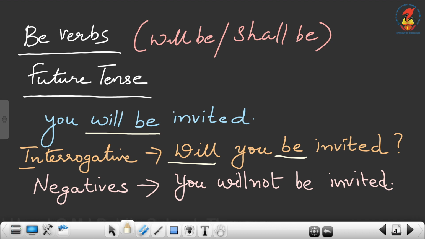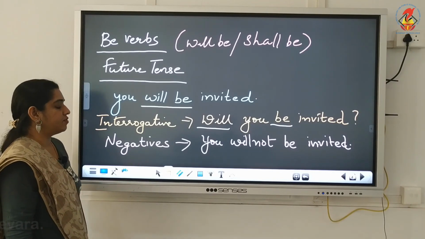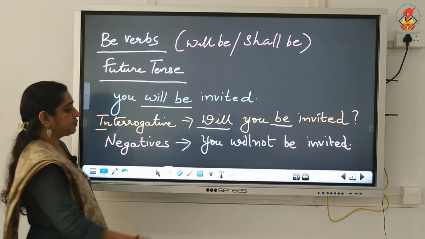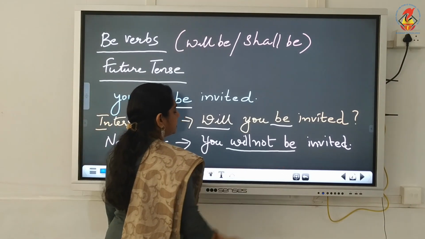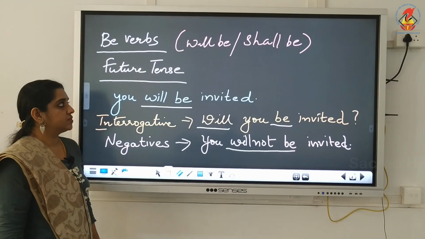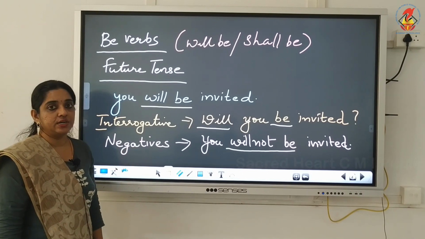This is how you can make interrogative using be verb in future tense. Then negatives, how you can make a negative sentence using be verb in future tense? You will not be invited. So, this is how be verb is used in future tense.